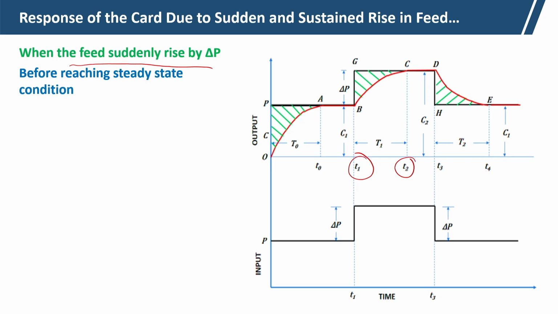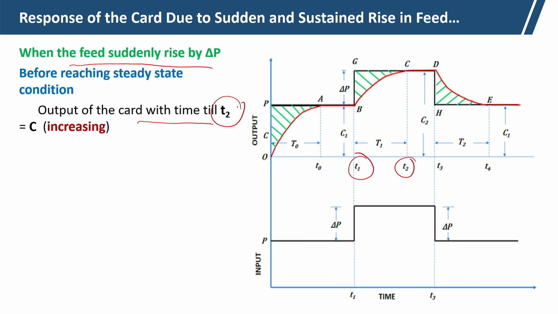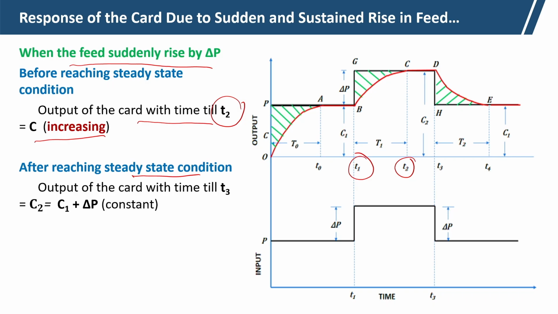The output is gradually increasing with time till T2, and here the output is again increasing, it is not constant. After reaching the steady state condition at T2, the output of the card becomes constant until time T3.